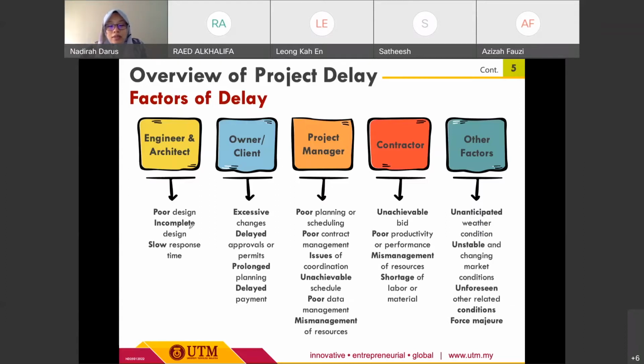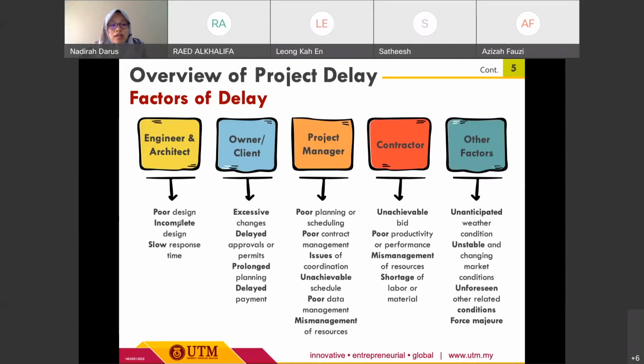So poor design means that the contractor cannot really translate the design to the actual. The design itself should be sufficient, should be good enough for the contractor to proceed with the construction activities, right?